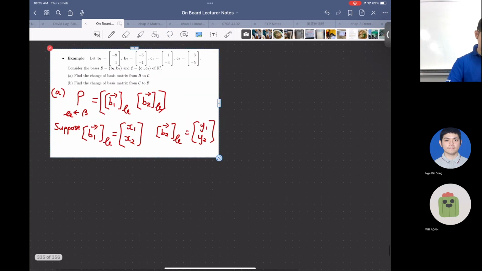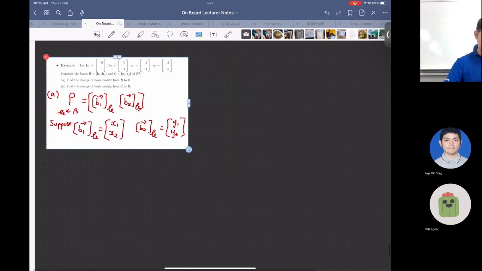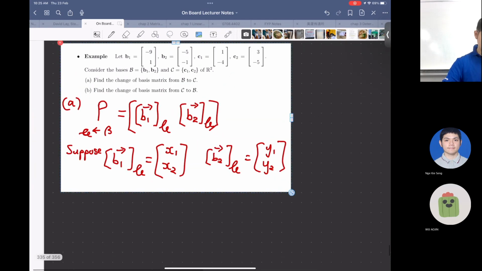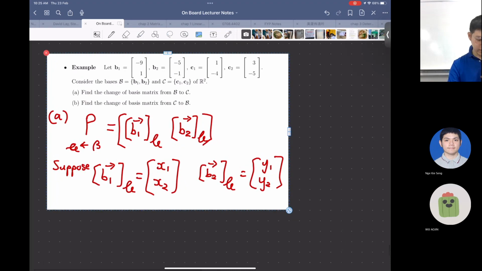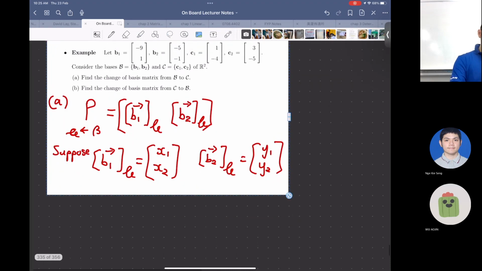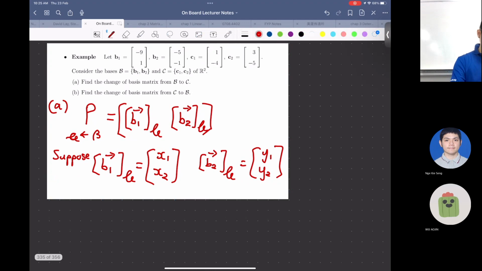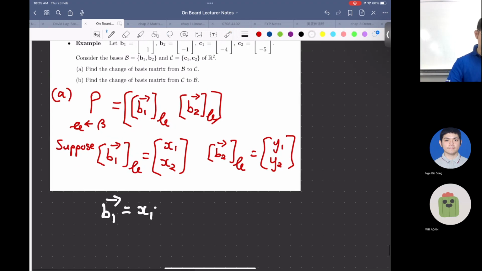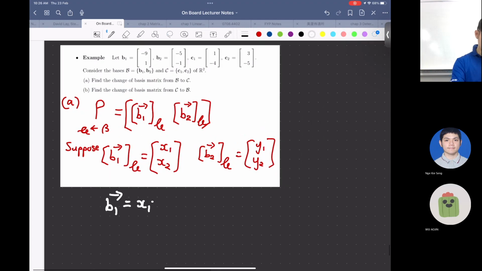Okay, let's start here. So what do we have now? Suppose this, and then what does this imply? This implies that B1 is actually x1 times C1 plus x2 times C2. This is the coordinate vector in C, so these are the coefficients for C1 and C2.